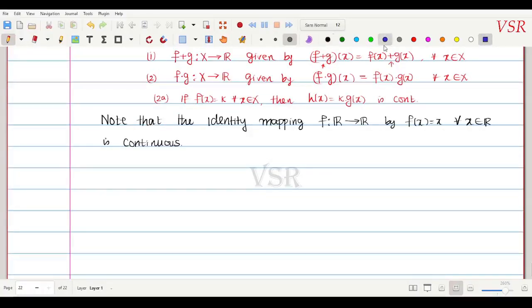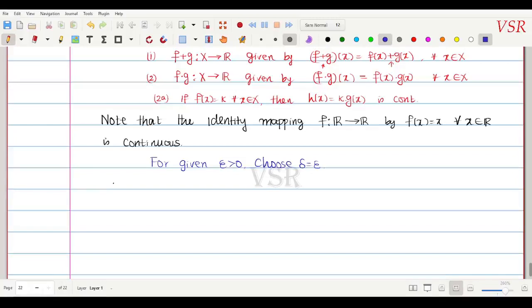For given epsilon positive, choose delta equal to epsilon.